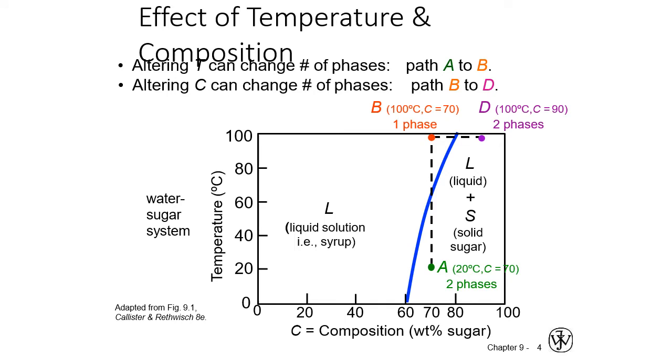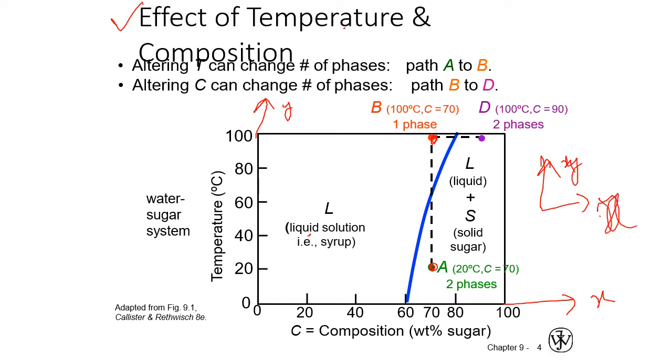Now what is the effect of temperature on the composition? If we decrease the temperature from point B to point A, and this is again the sugar-water solution, the sugar composition is plotted on the x-axis and the temperature is plotted on the y-axis, right? This is my coordinate system.